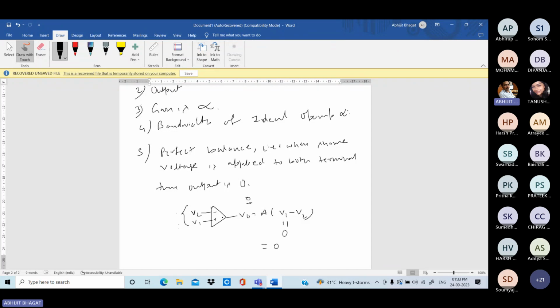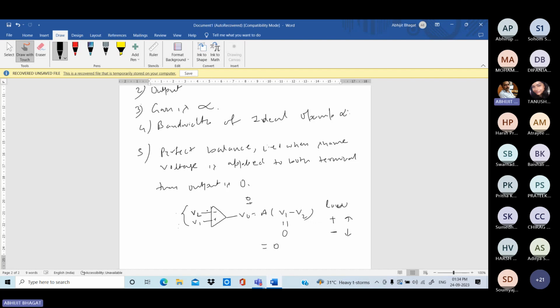But in the practical case, if you supply the same voltage across the amplifier, then you are not getting 0. You are getting a very low voltage, and this low voltage is either positive or negative. If the low voltage is positive, that means the plus terminal weightage is high and the minus terminal weightage is low.